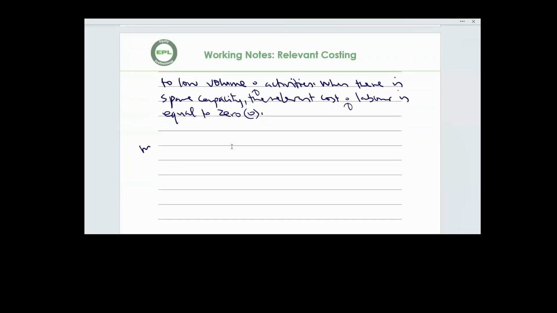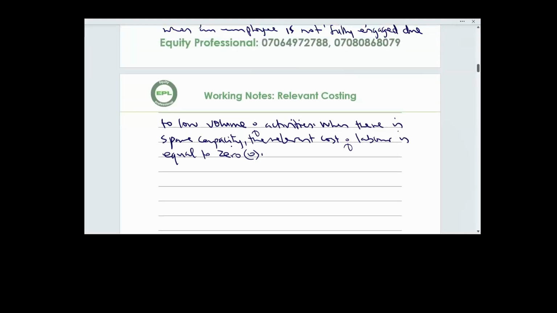So if this company has a special order that will require 2 hours of the employee, the company will not pay the employee for doing the job, because the 2 hours fall within the 3 hours of idle time. So the labor cost for such an employee will be equal to 0. You don't charge anything when there is idle time. I believe that is clear.